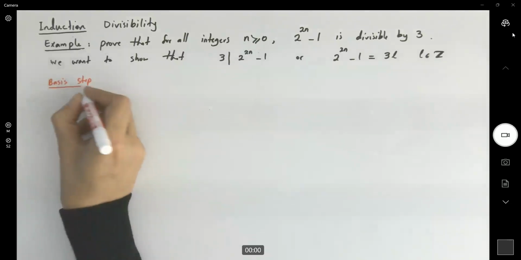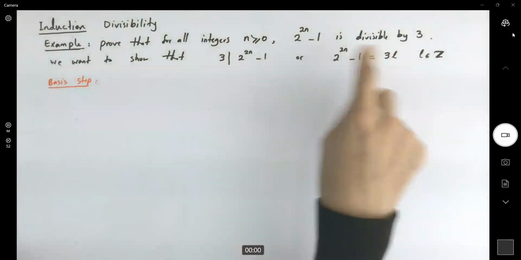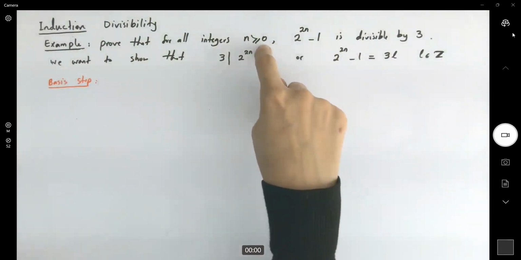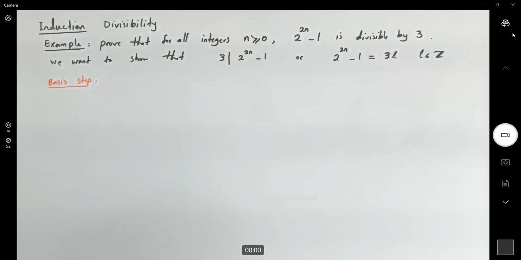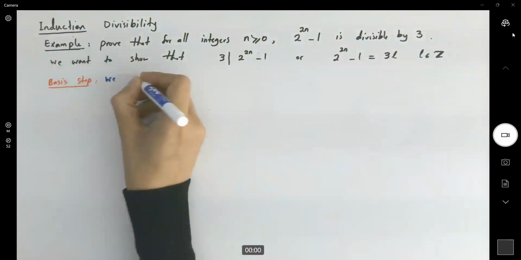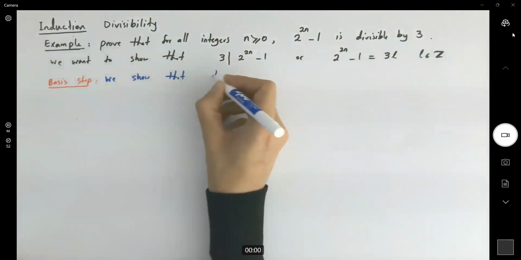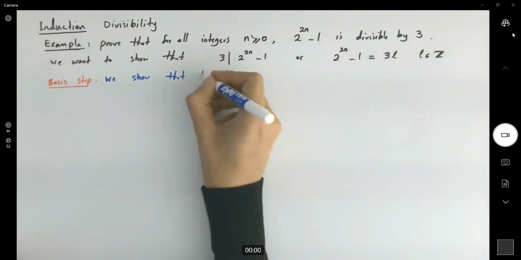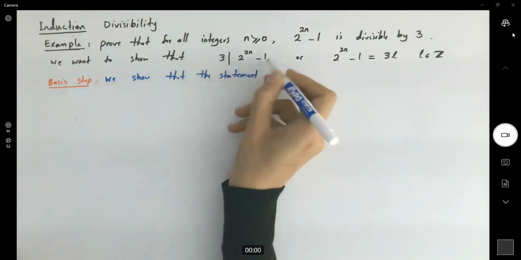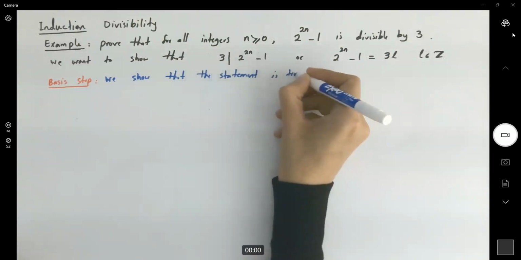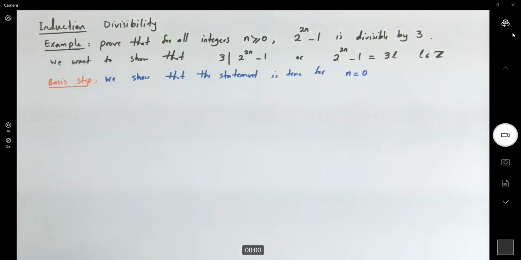The basis step means that we need to show that the statement is true for the smallest value in the domain, that is, for n equal to 0.